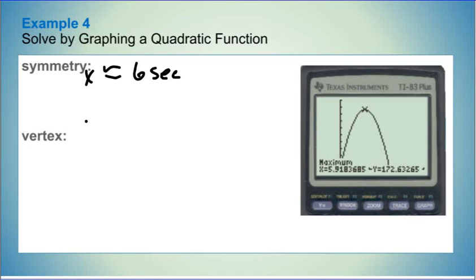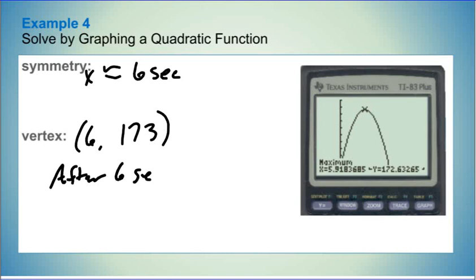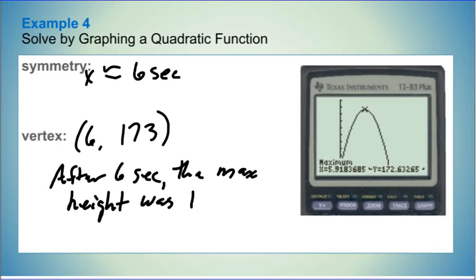So the vertex would be 6 seconds and 173, rounded. So after 6 seconds, the max height was 173, not feet, but meters.